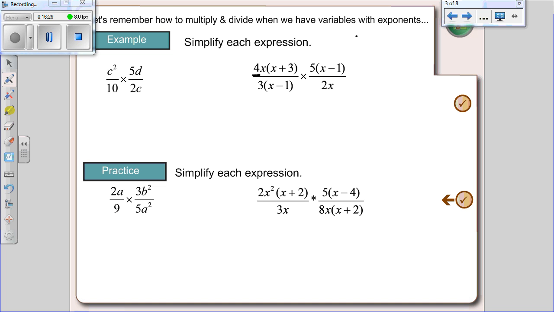Numbers go with numbers if they're out front. So that 4 can multiply by that 5, so it becomes 20x up top. Then it's times x plus 3. Then it's times x minus 1. On the bottom, same thing. Coefficients still go with coefficients, so it becomes 6x times x minus 1.